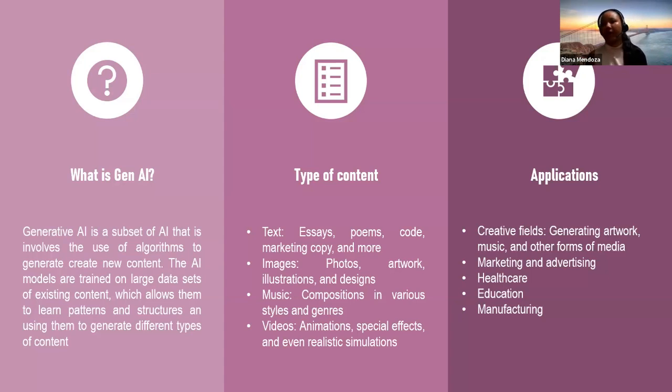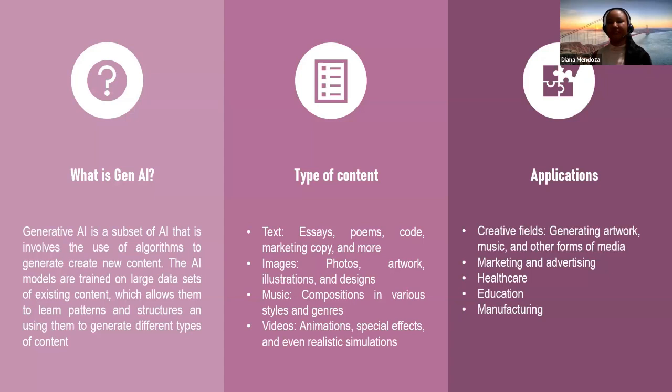so you can get better outcomes. I saw in your answer that you already identified the type of content that generative AI can produce, and you said you can generate text, as you mentioned, and this is the most typical interaction that we have, for example, with ChatGPT. But you can ask it to generate an essay or a poem.